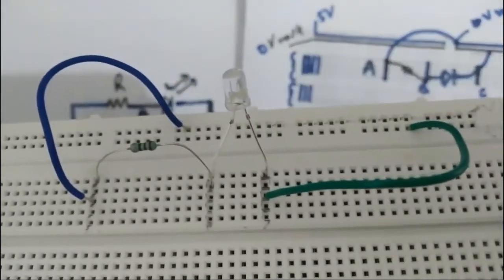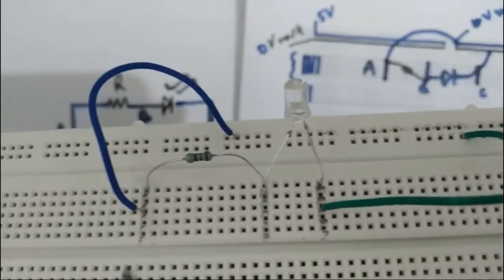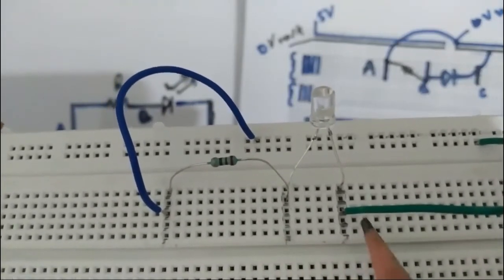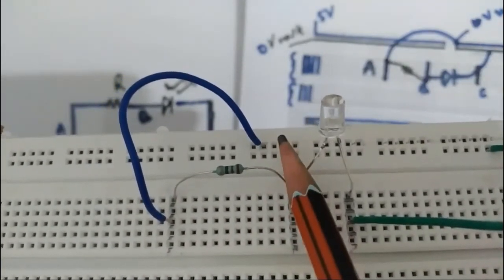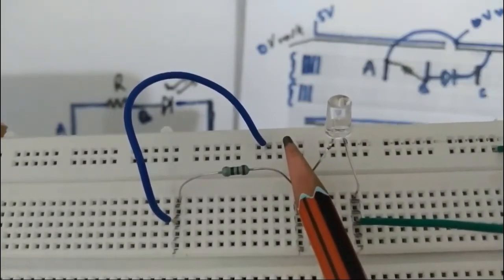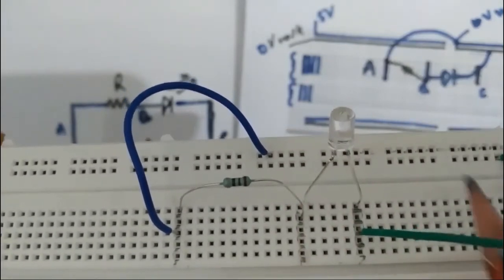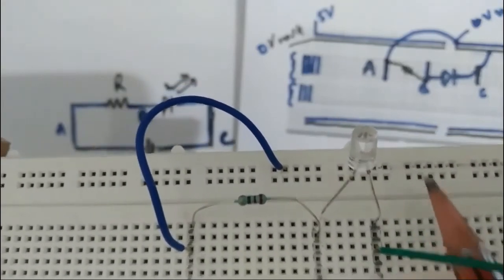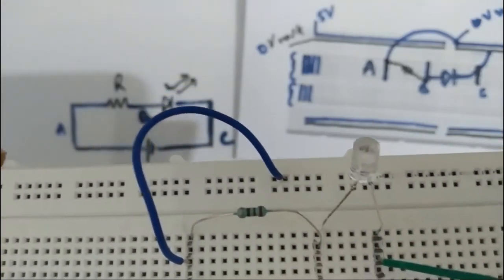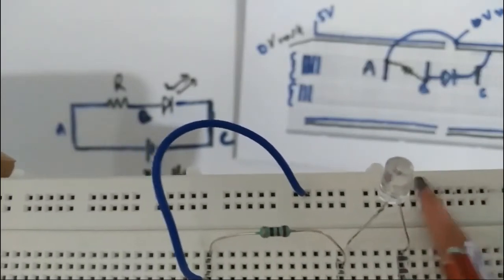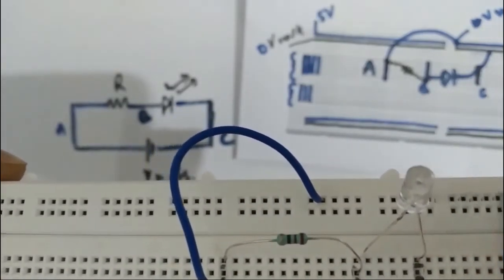You can see it here, points A, B and C. A is connected to positive V volt, the upper power rail, as we have already discussed, because this half of the horizontal row is at the same potential, so we can supply V volts from the power supply to any of these points in the first row.